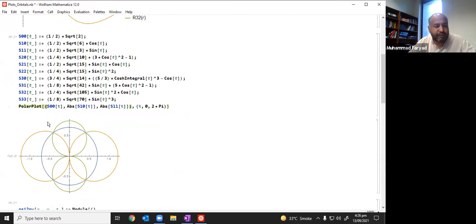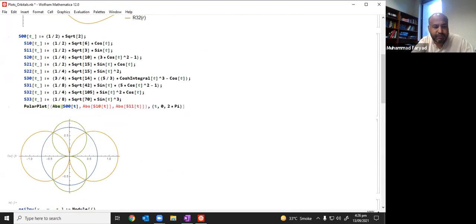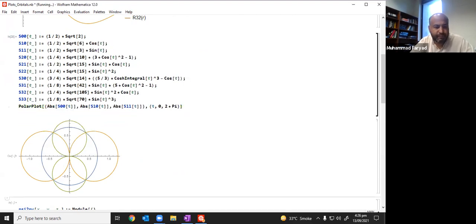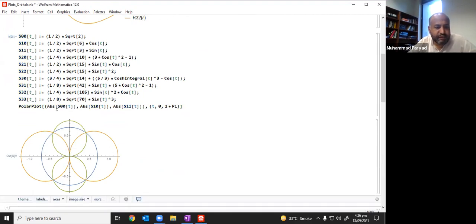And let me use the absolute values. So this blue circle is S00, and then one of them is S10, the other one is S11. I think this horizontal one is S11 and the vertical one is S10.